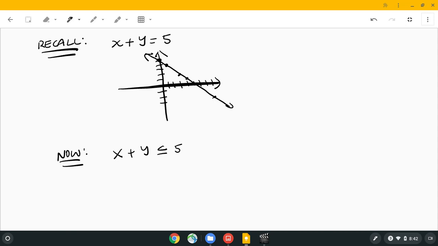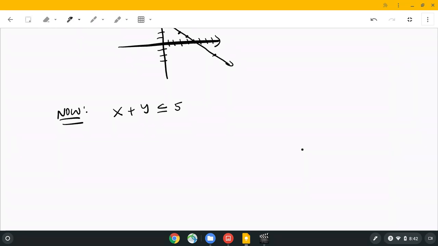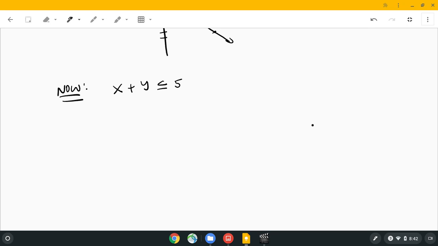Not just equal, but anything where this side is less than 5 will also be part of the solution. We already know that when we graph the equation, 1, 2, 3, 4, 5, 5, 0, 1, and 4 are solutions.